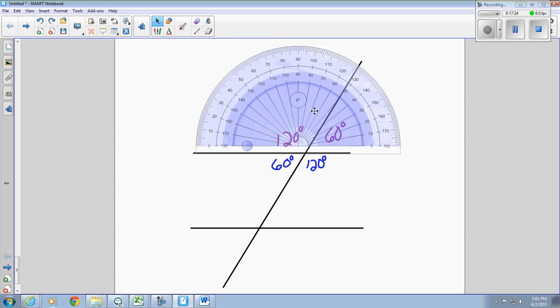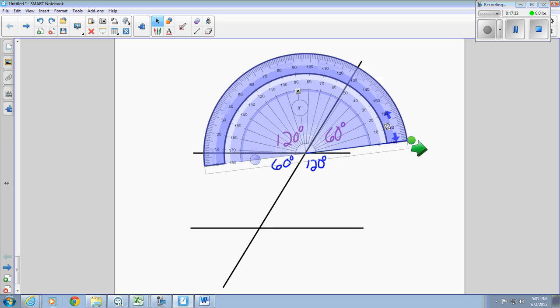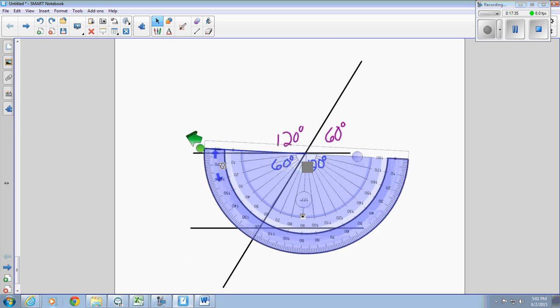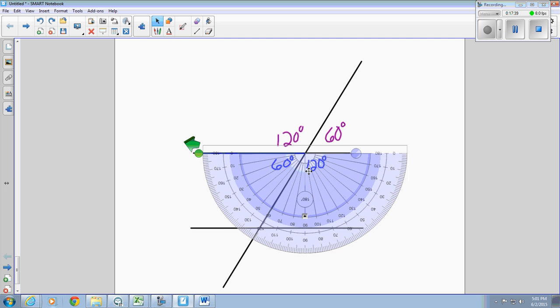If we take our protractor and put it on our line and rotate it around, we can see that, in fact, we have from this 0 line 120 degrees, and from this 0 line 60 degrees.